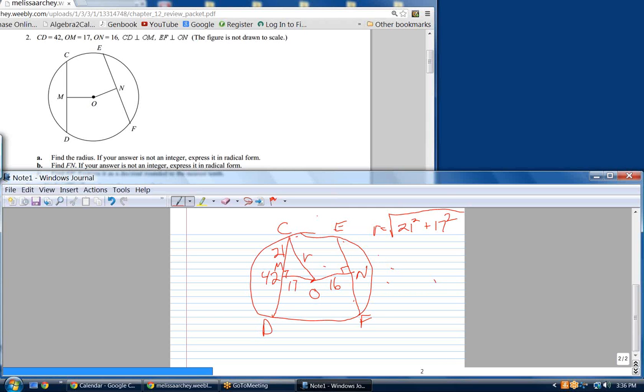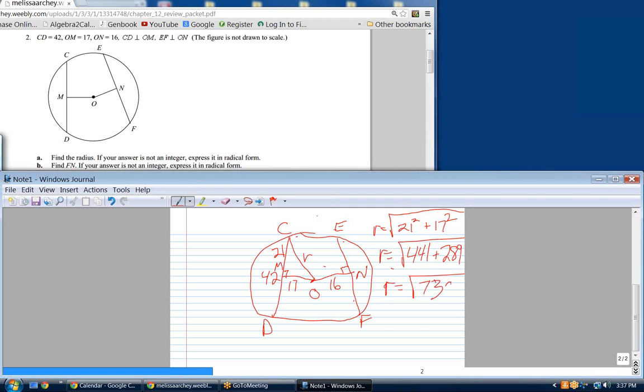Okay, and that's what we want to give the answer as. What's 21 squared? 441. And 17 squared? 289. Yep. So R is equal to the square root of 730.